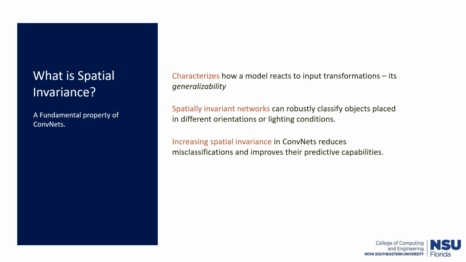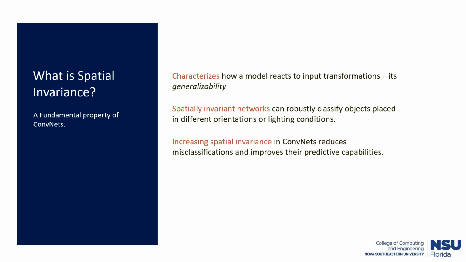Now, what is spatial invariance, which is the title of this topic? Well, spatial invariance is a fundamental property of ConvNets. It basically describes how a model reacts or behaves to changes in its input, which implies the model's generalizability or its robustness to change.